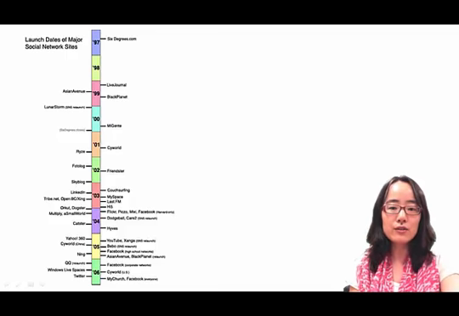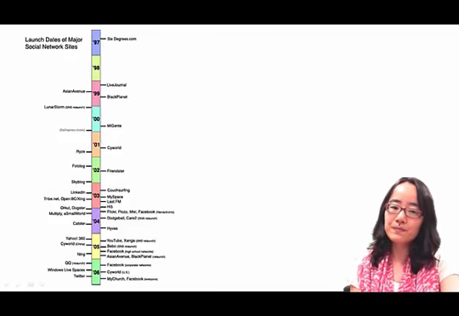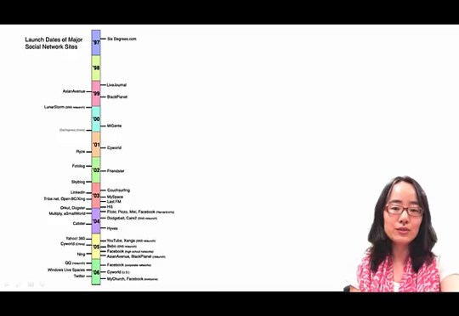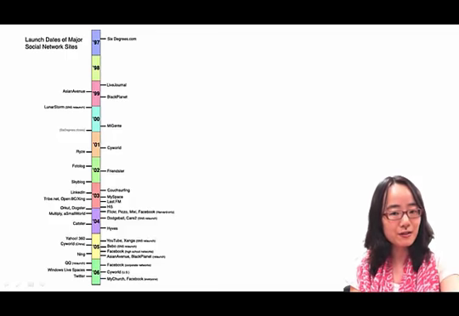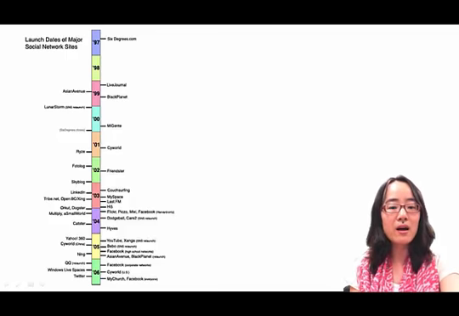They define social network sites as web-based services that allow individuals to first construct a public or semi-public profile within a bounded system. Second, articulate a list of other users with whom they share a connection. And third, view and traverse their list of connections and those made by others within the system.